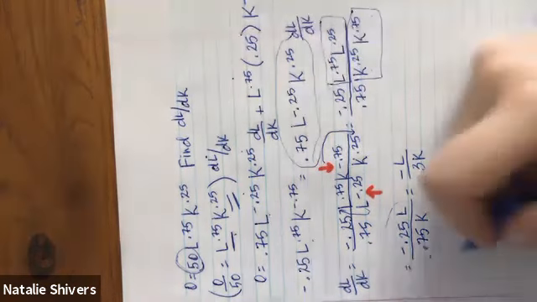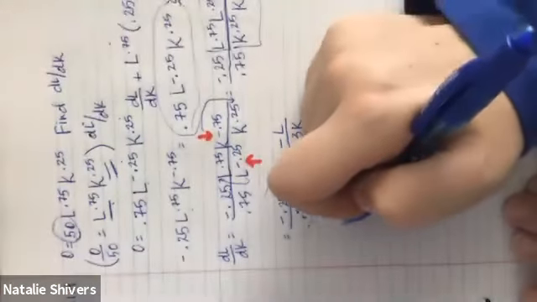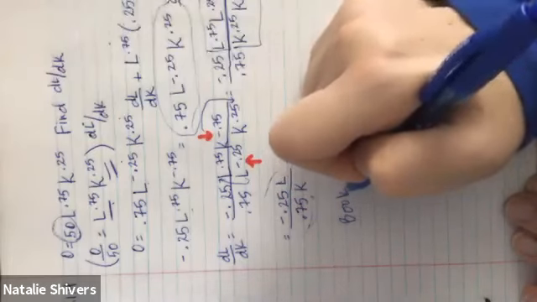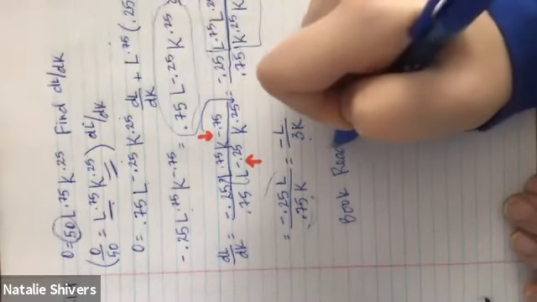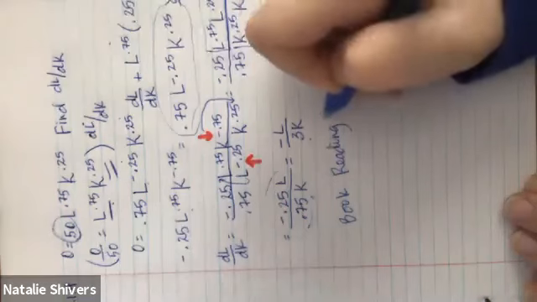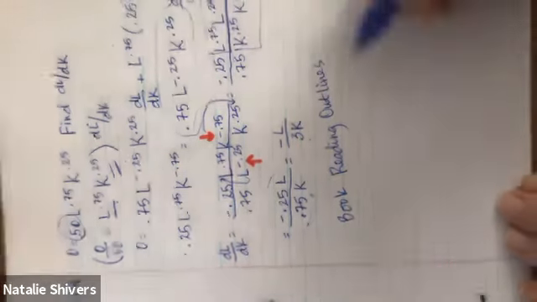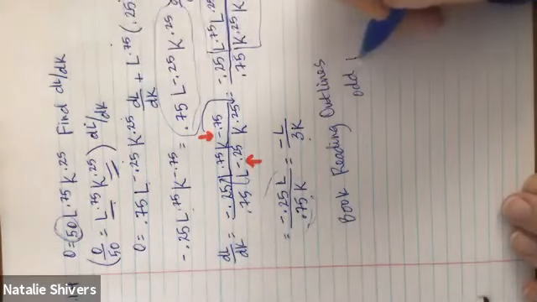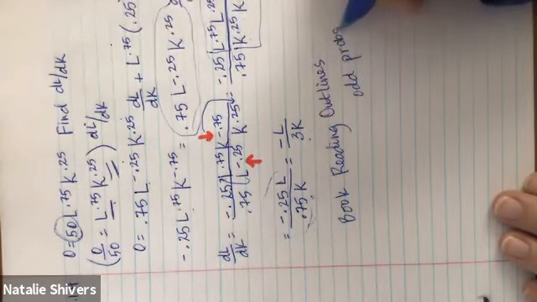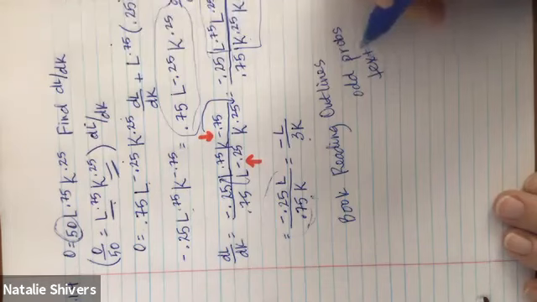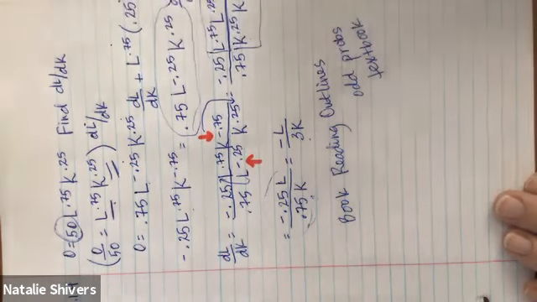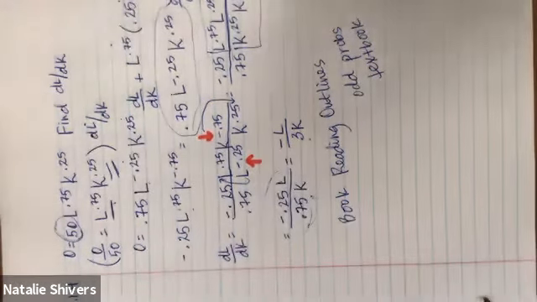You'll have to look them up in the book reading outlines, which are available. The book reading outlines have some odd problems from the textbook, so you might want to work through those if you have time.